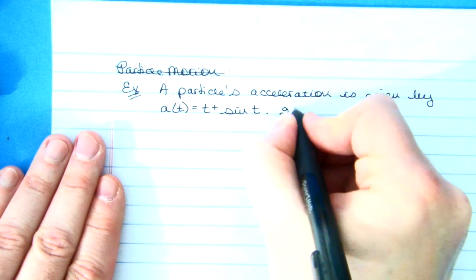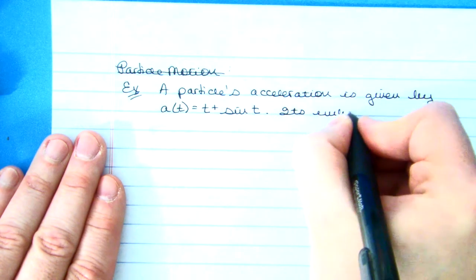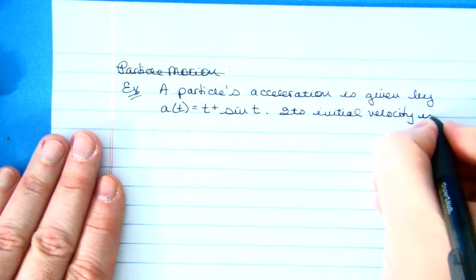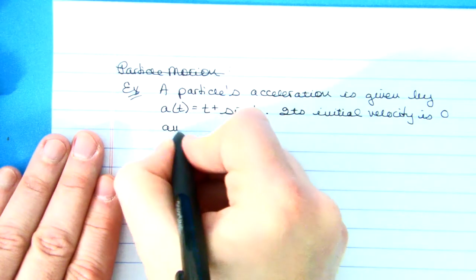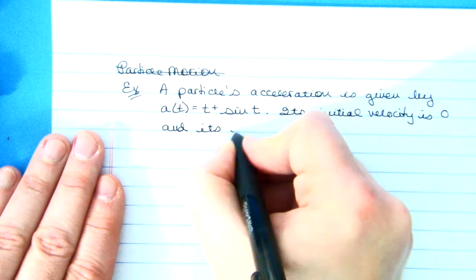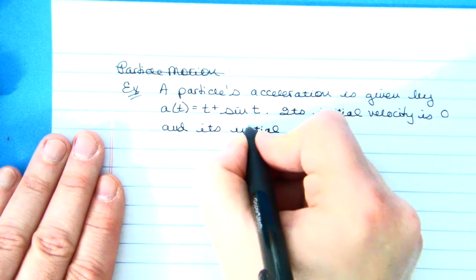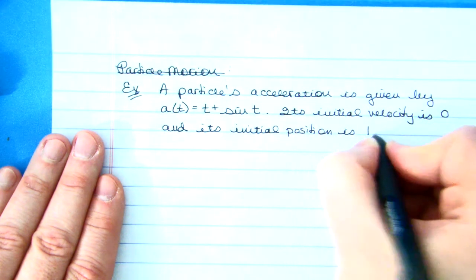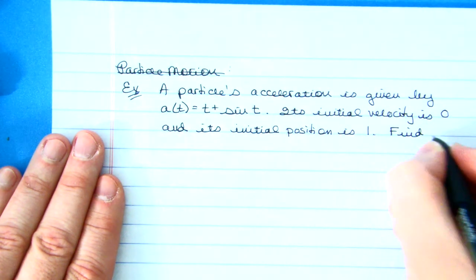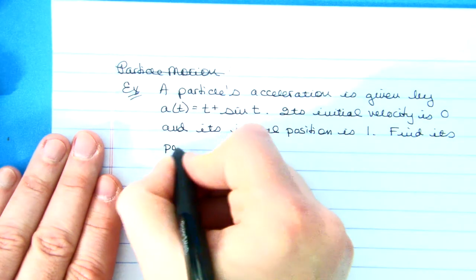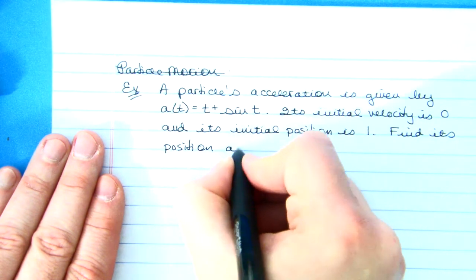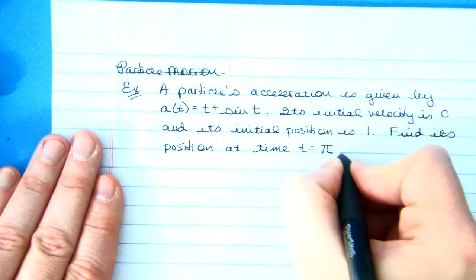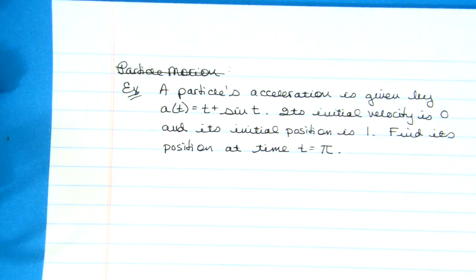Its initial velocity is 0, and its initial position is 1. You are going to find its position at time t equals pi. Please copy that down.